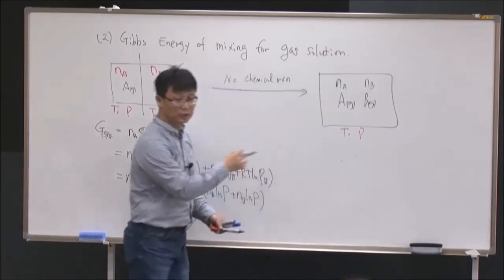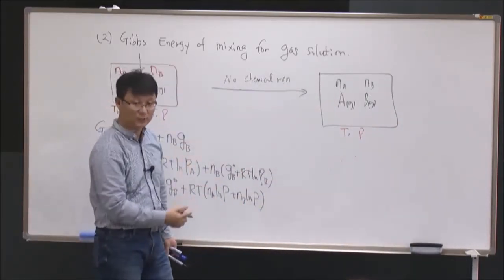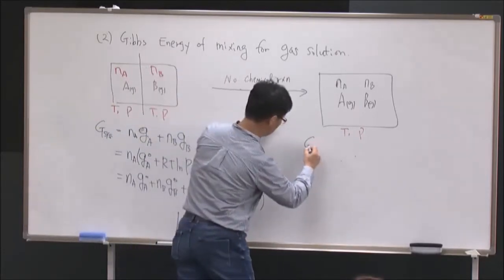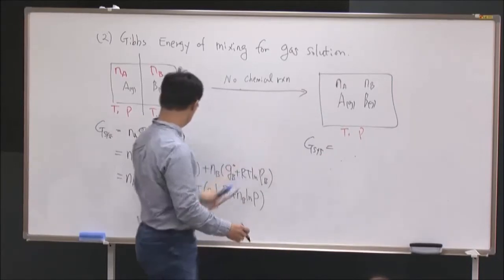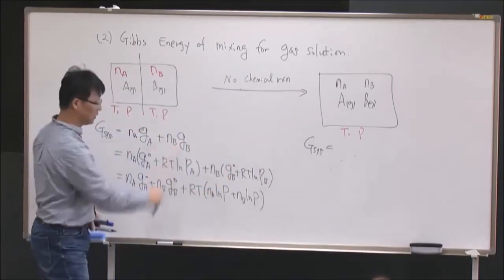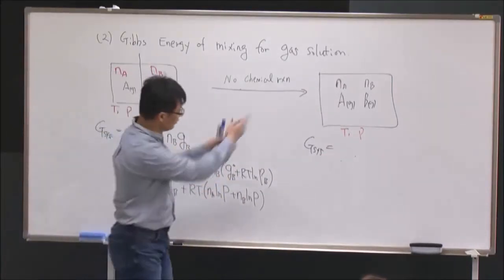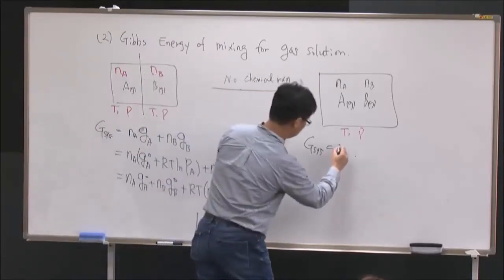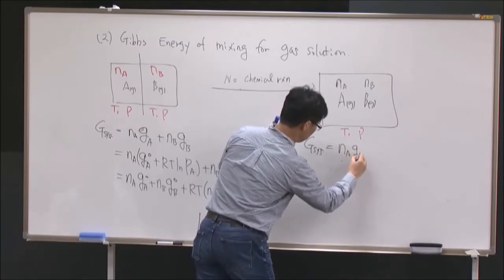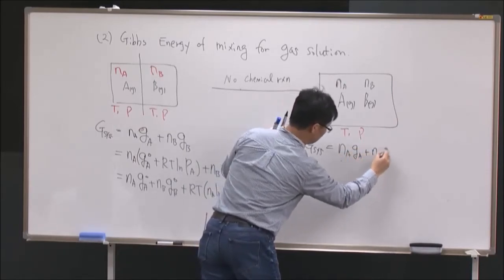Then let's try to write down the Gibbs energy of the system again. So in this case, the Gibbs energy of the system is the same as before, NA GA plus NB GB. Yeah, you have NA moles of A phase, NB moles of B phase. So this is NA GA plus NB GB.